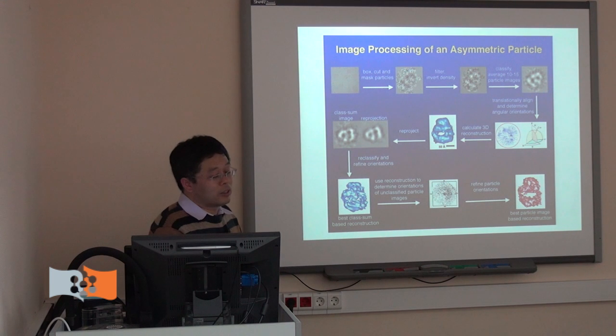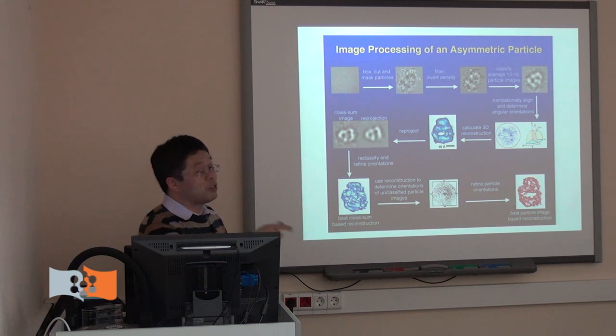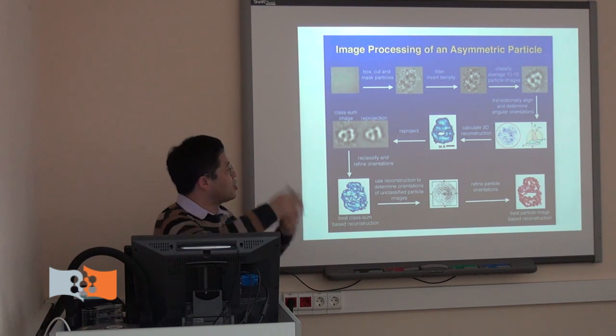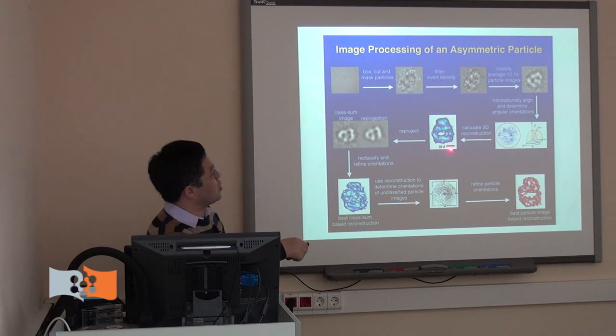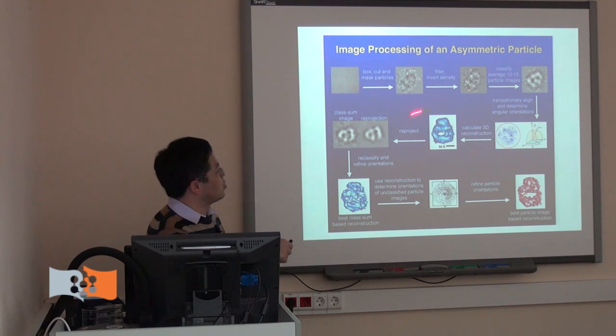Now you get 100 class averages. You treat them as 100 different projections. Now you can make a guess of the 3D shape. For the first several cycles, the 3D shape may not be right, so you try to reproject and refine your structure.